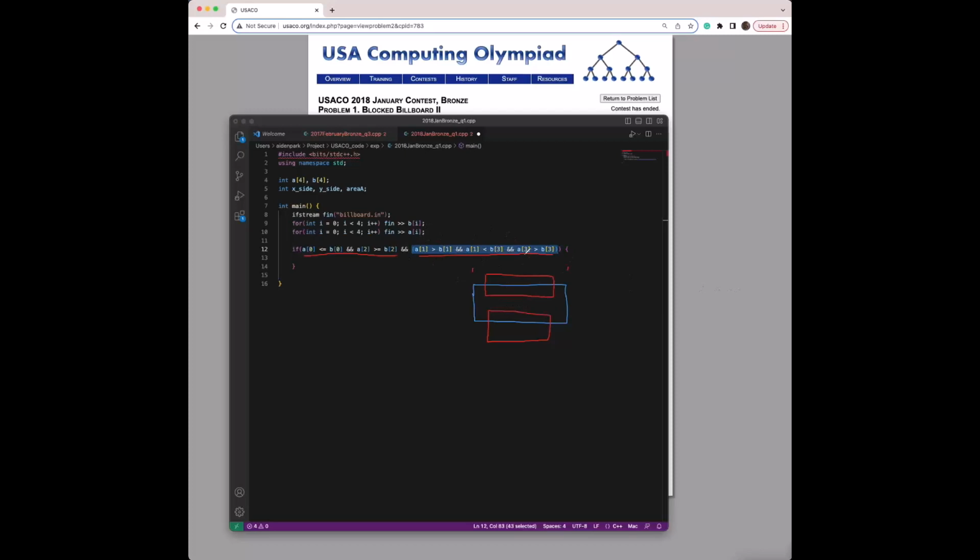And so this case is checking for this type of billboard. Yeah, and so if this is the case, we'll just do, so what we're going to do is I'll go back to my drawing.